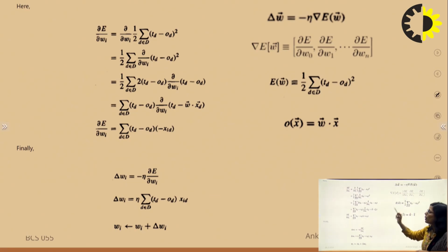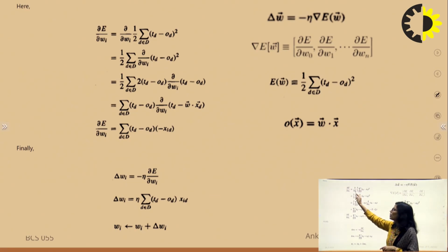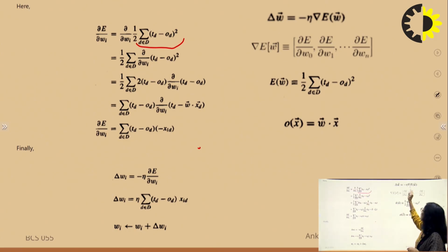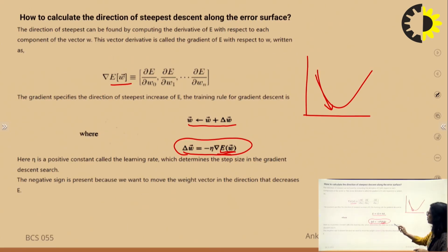When I talk about del E upon del W, it is half of this error, and I have to find the gradient of the error with respect to my weights.